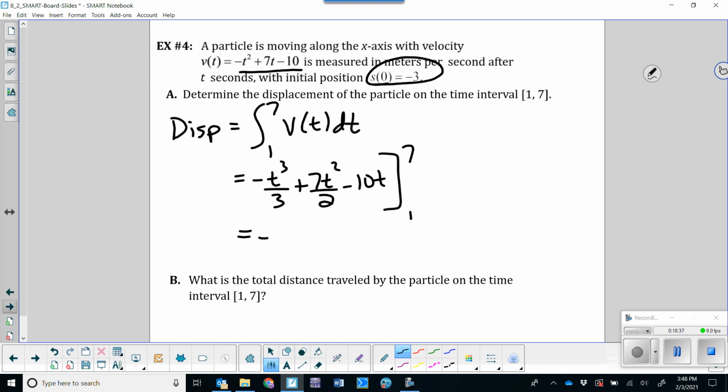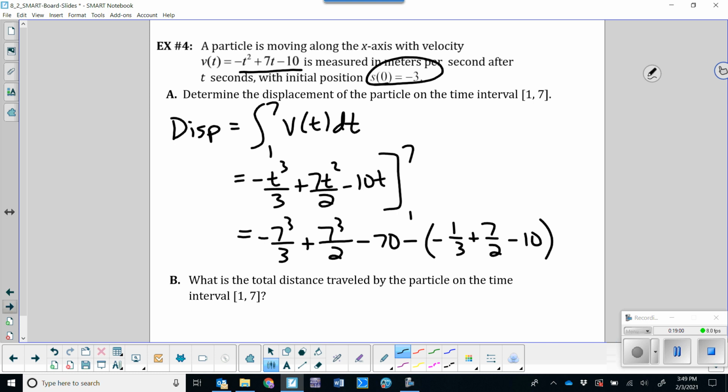So I have negative 7 cubed over 3 plus 7 cubed, because I'll have 7 times 7 squared, over 2 minus 70, minus parentheses, negative 1/3 plus 7/2 minus 10.